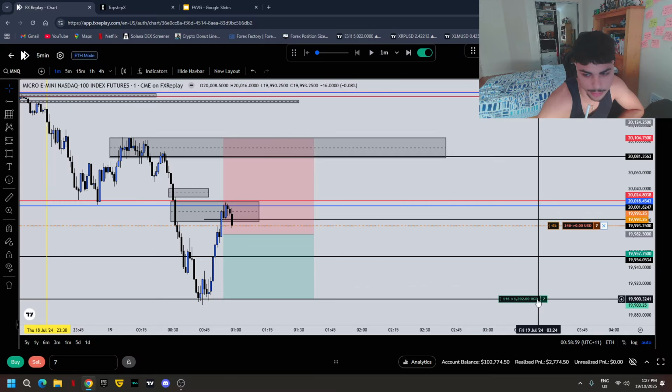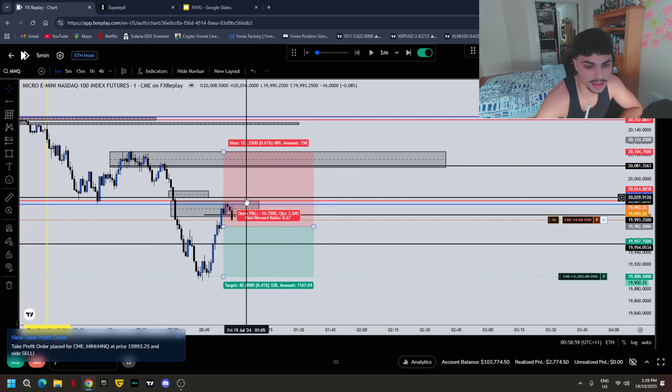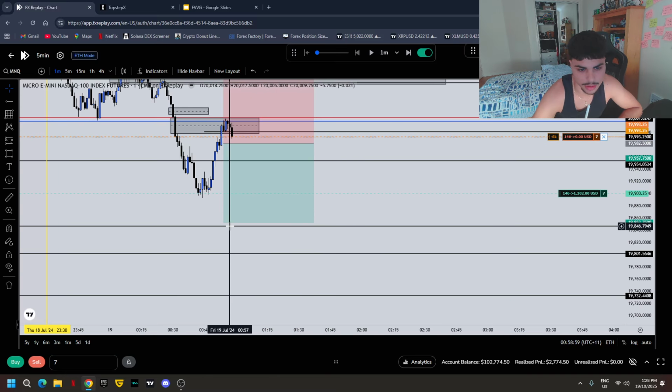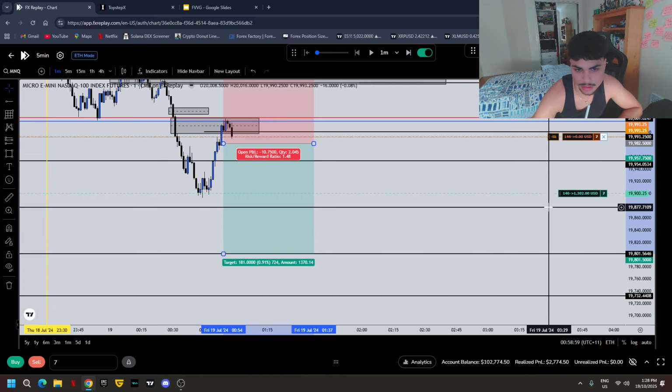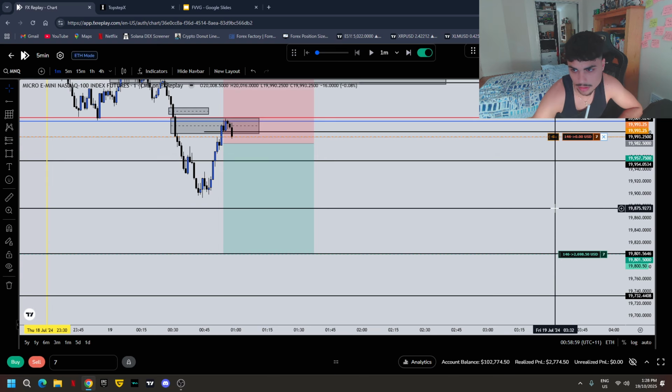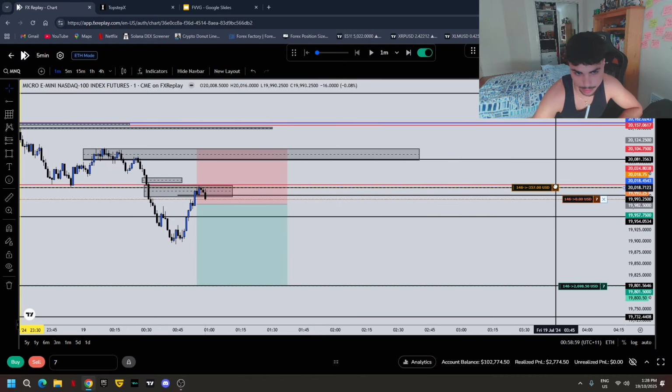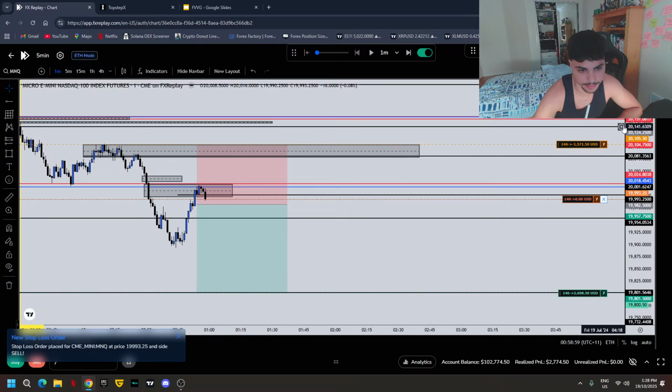Take profit. We can take out. Actually, we can just target that. Honestly, that's negative RR. We'll target this. We could put our stop loss above here, but we'll do it here.